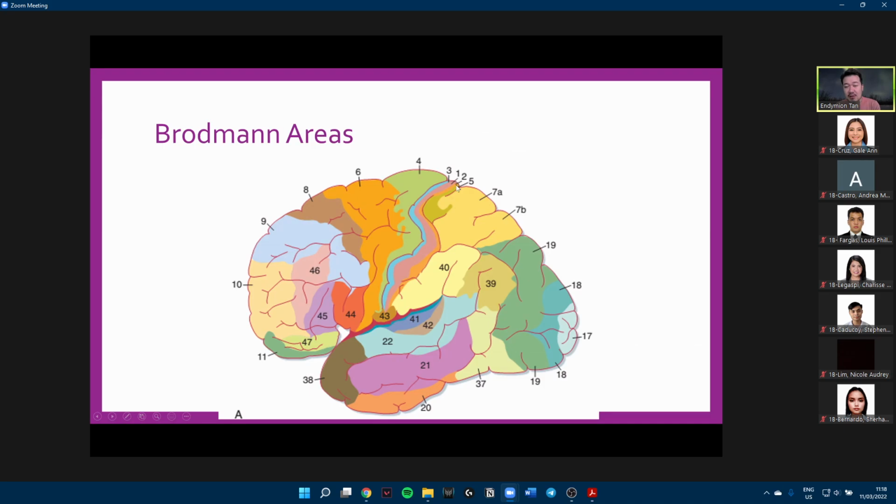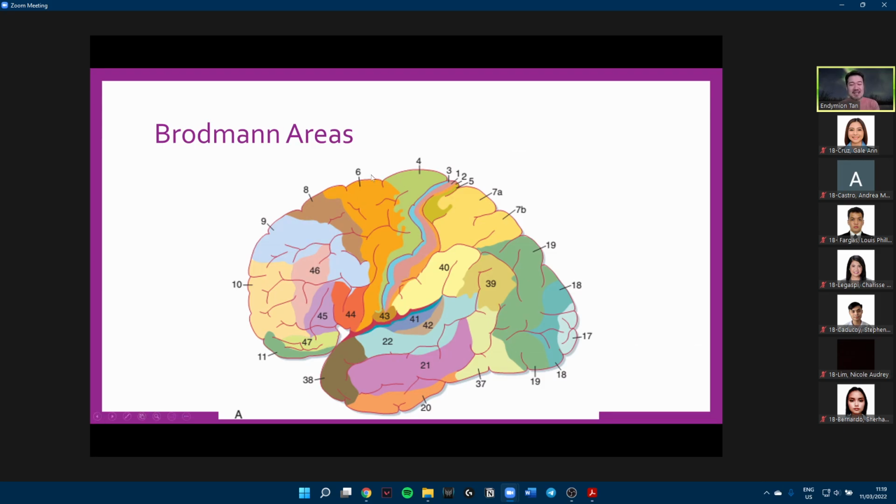Immediately posterior to the central sulcus is the Brodmann areas 3, 1, 2. 3, 1, 2, also known as the post-central gyrus. Post-central gyrus, or the primary somesthetic cortex. Primary somesthetic cortex for sensation.